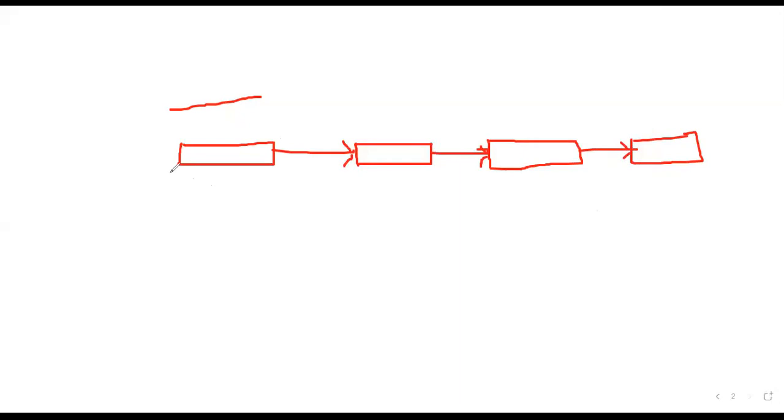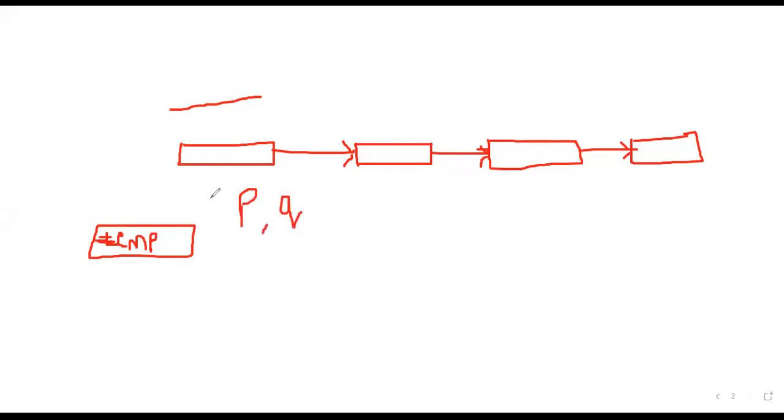Simply the same rule will be applicable here also, but here we will take one temporary variable. With the help of this temporary variable, we will declare two pointer variables, P and Q.